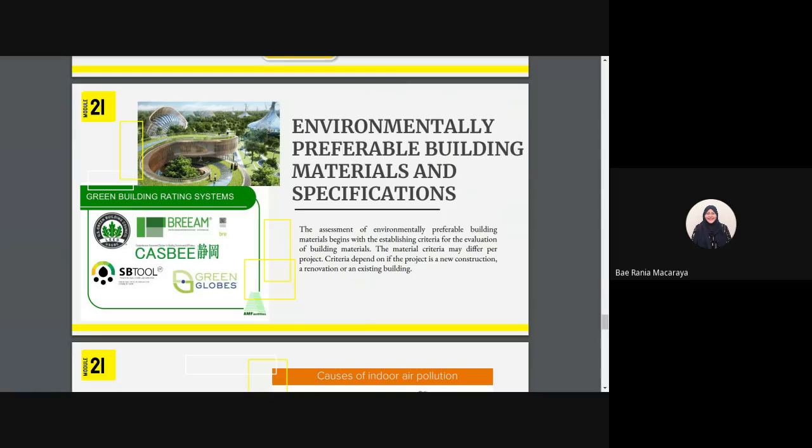Rating systems are a type of building certification system that rates or rewards relative levels of compliance or performance with specific environmental goals and requirements. These are assessed by organizations such as LEED, CASBEE, SB2, and Green Globes.